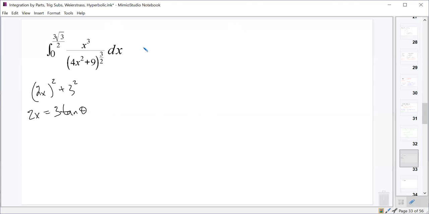So first off, what are we going to have in our denominator? 4x squared plus 9. Well, our 4x squared is 9 tangent squared theta. So that'll be 9 tangent squared theta plus 9 to the 3/2 power. And what about our numerator, which is x cubed?